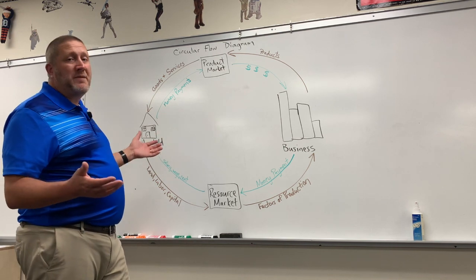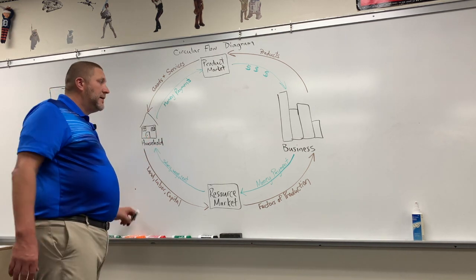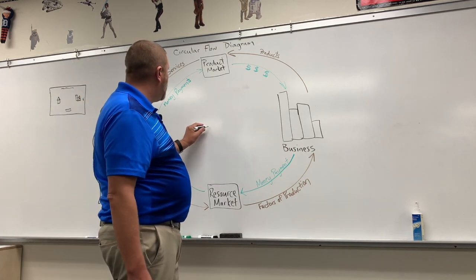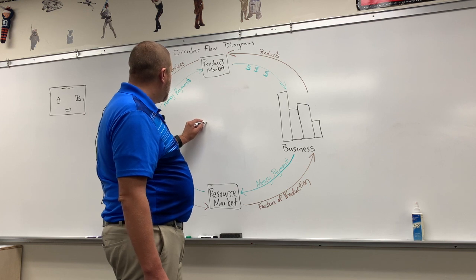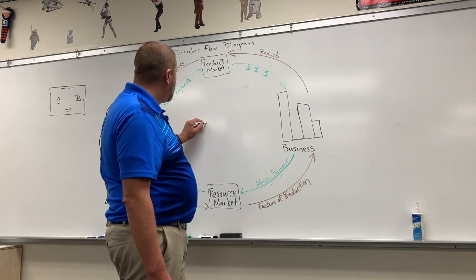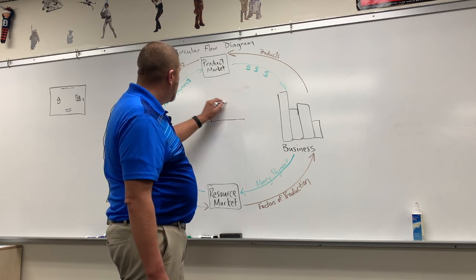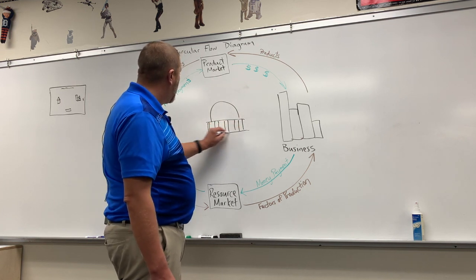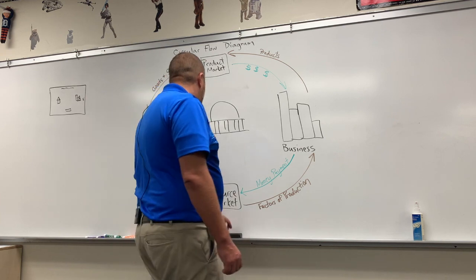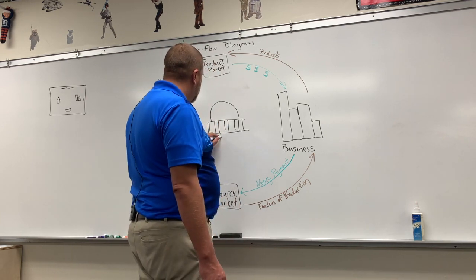Now we're missing one major economic actor, and that's going to go right here in the middle. And again, don't mind my drawings. Yeah, that's close enough. That's supposed to be a dome.